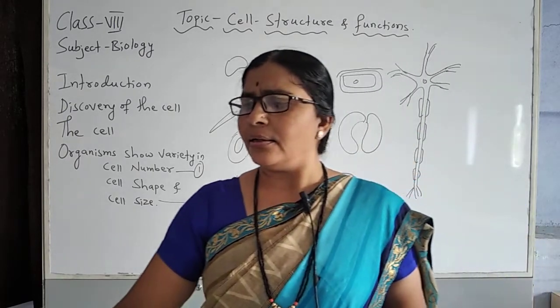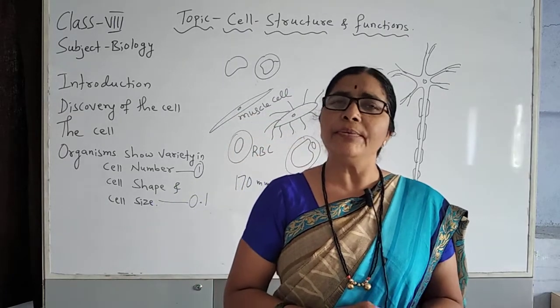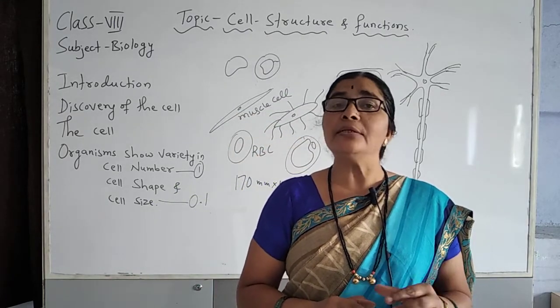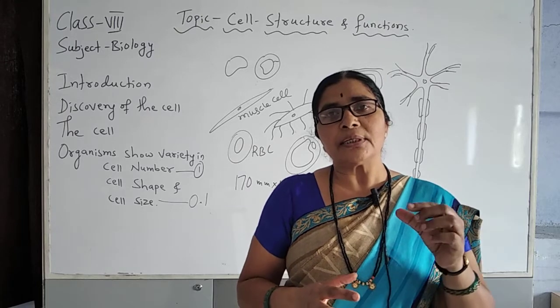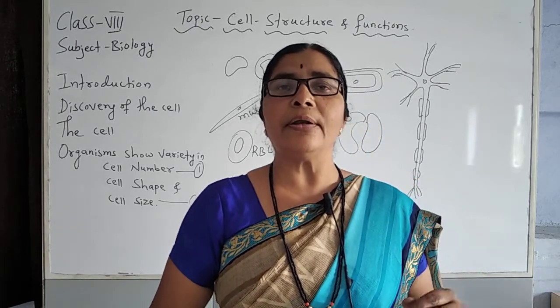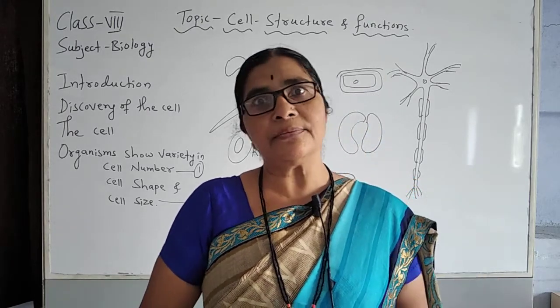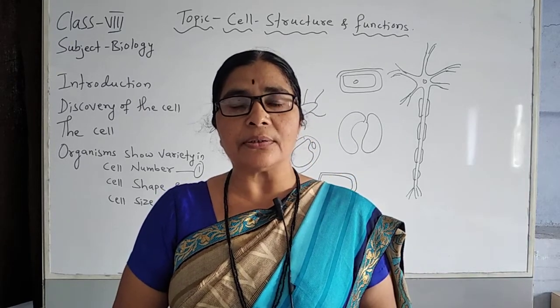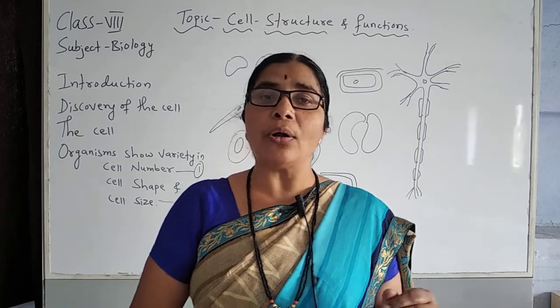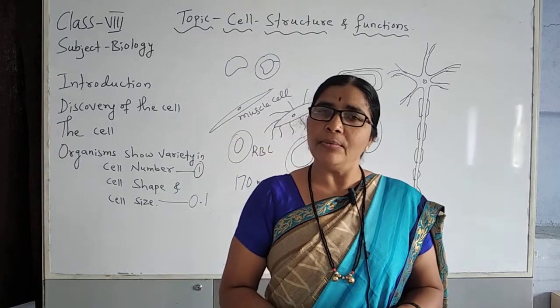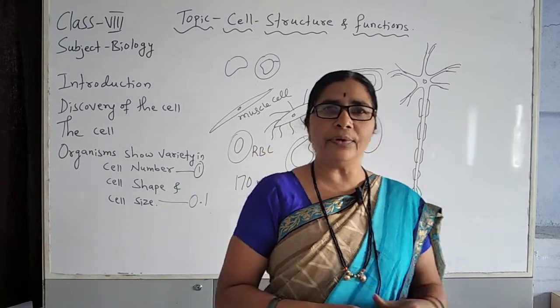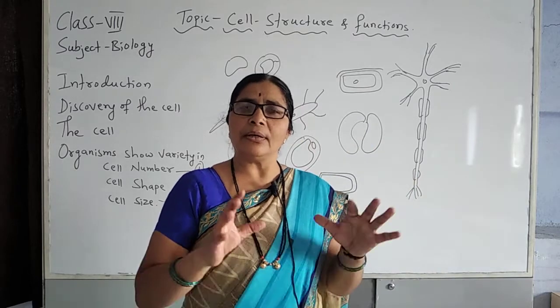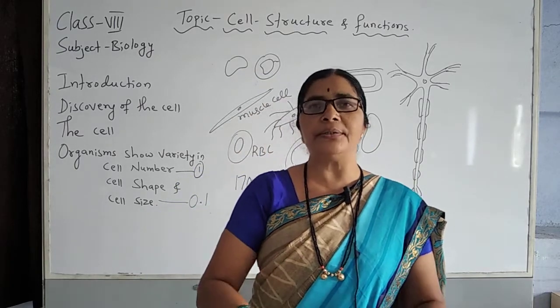Very important here: the size of the cell does not depend upon the size of the organism. For example, an elephant is bigger in size and a rat is very small, but in both the rat and the elephant, the nerve cell has the same size.